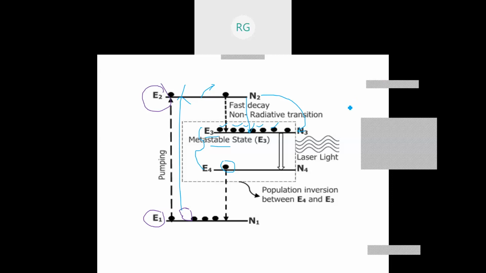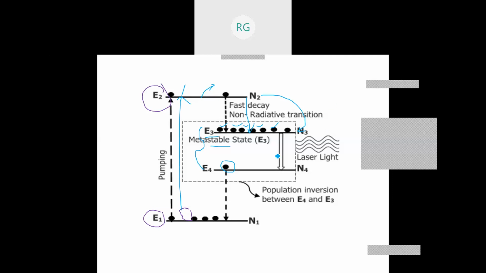When the atom comes from E2 to E3, it will not emit radiation; it loses the energy in the form of heat. That's why we call it a non-radiative transition: a transition due to emission of energy in the form of heat.